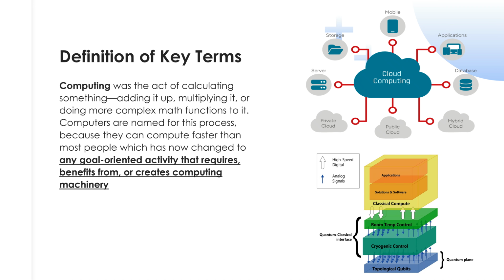Next we have computing. Historically, computing used to be defined as the act of calculating. It can be adding, multiplying, or basically running calculations which were performed by humans, often mathematicians of those times. Computers got their name exactly from this, because they could compute faster than any other person could by hand.